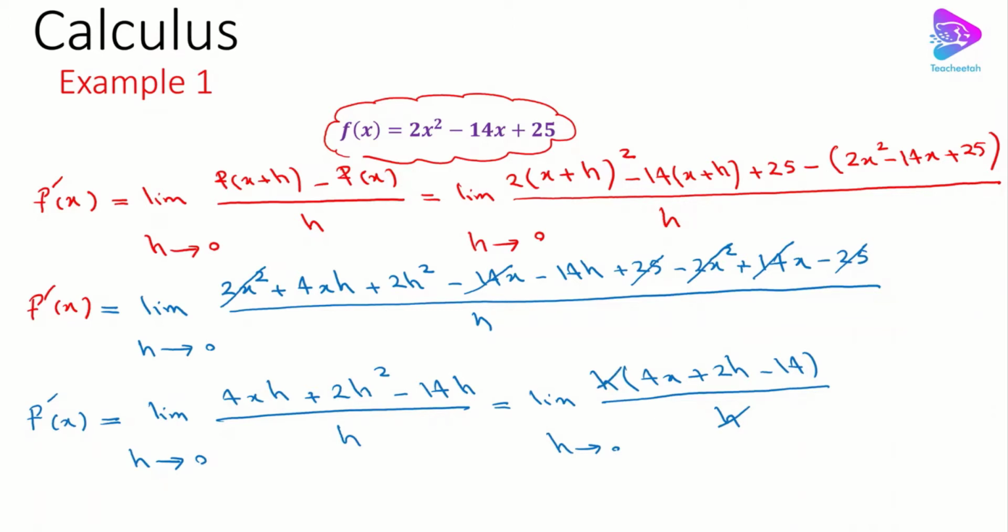Now it's time to plug in 0 in there, and the final answer is going to be 4x minus 14. As you noticed, we have used the definition of the derivative, which is actually a limit, which generates an indeterminate form, and with some algebraic simplification we could find the answer of this limit.